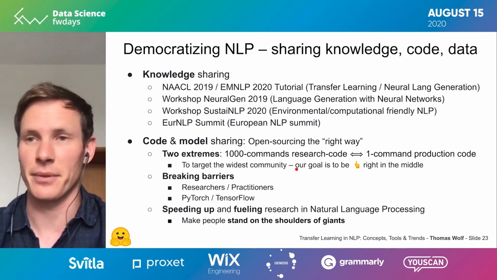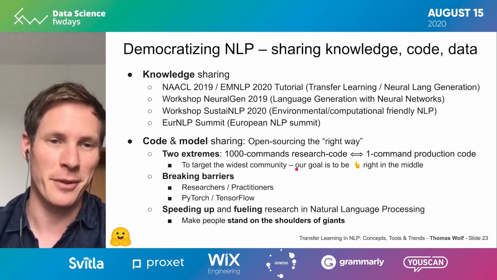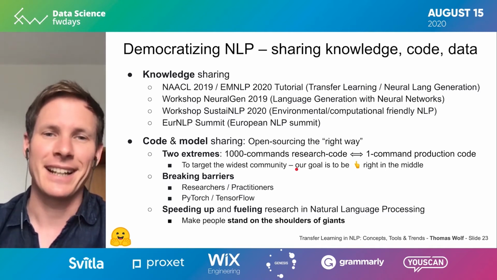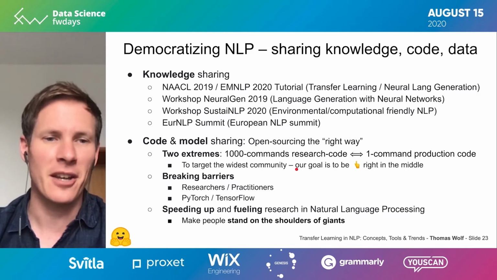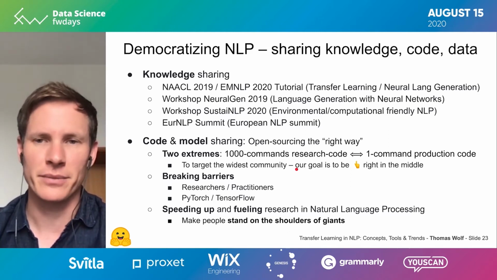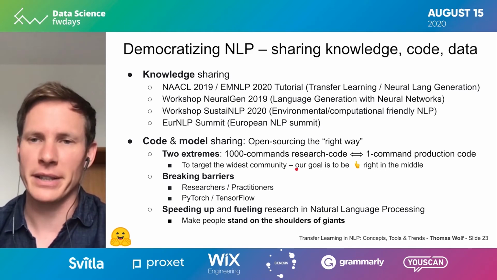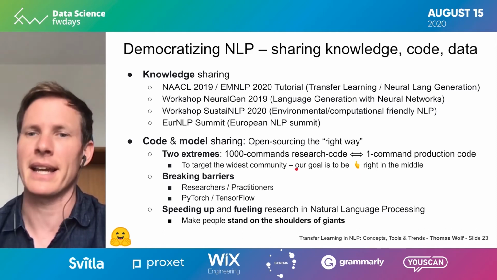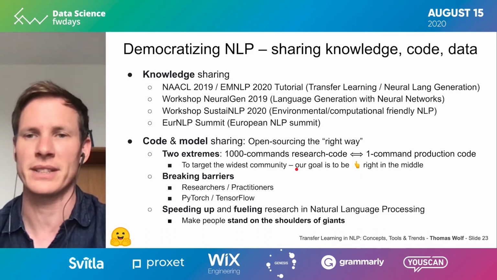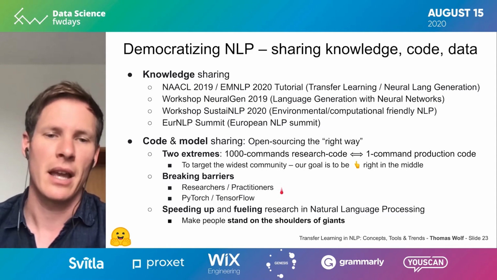So sharing knowledge is, for instance, what I'm doing here today. I'm very happy to share knowledge with you. Sharing code and models is what we are doing on our open source repository on GitHub. This is very important for us. We want to break the barrier. We want to make it very easy for people to access these models, very easy for people to use them as baselines, very easy for people to investigate what's happening in these models, to understand how they behave and why they behave the way they behave.